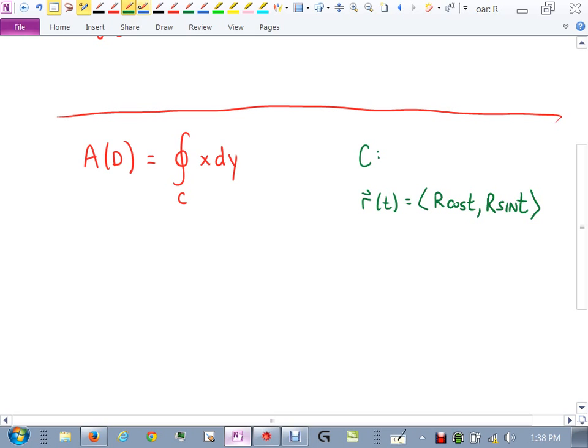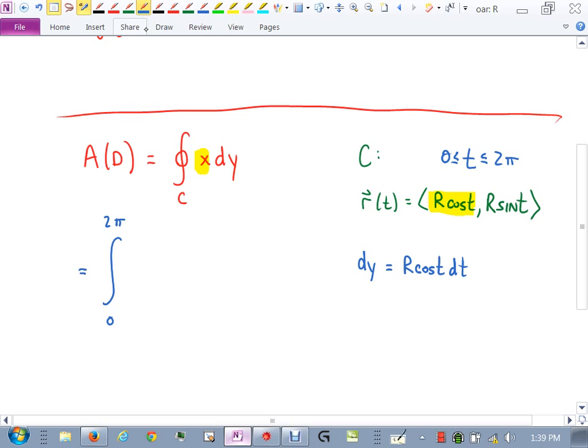What's going to be dy for me? R cosine t dt, right? So this integral becomes integral from, I didn't put my restrictions, but t was between where? 0 and 2 pi, right? So I'm going integral from 0 to 2 pi of x. What's x?